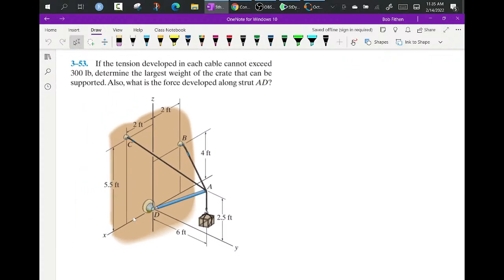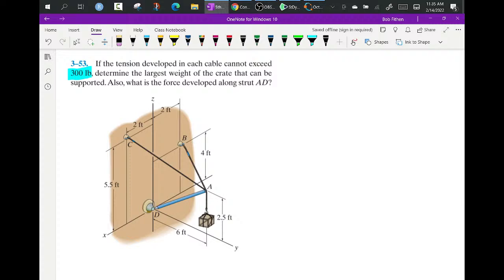He says it can't exceed 300. Oh wait, the tension in every cable, which there's only 2, can't exceed 300. So what I'm going to do is say this thing right here weighs a pound, and we'll multiply it times a scalar in order to get this.